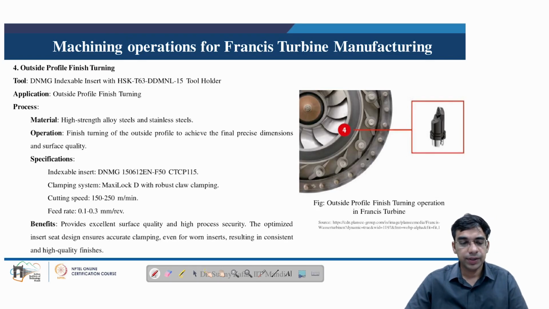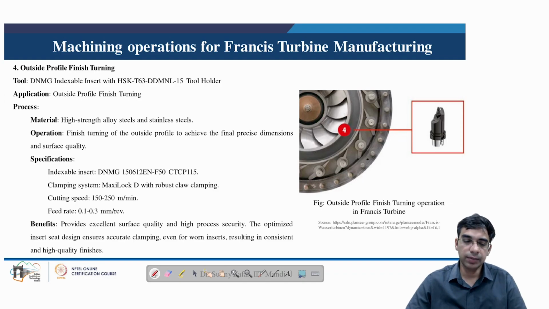In the fourth step, the outside profile finishing is done again using an indexable insert, where the high strength alloy steels and stainless steel are finished by finish turning for the outside profile to achieve the final precise dimensions and surface quality.